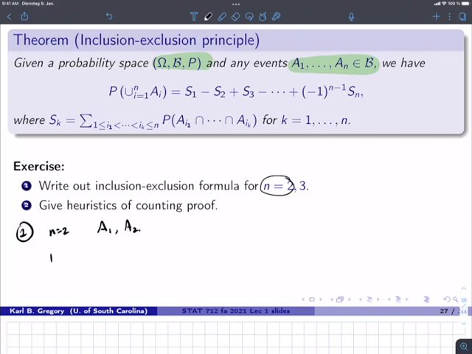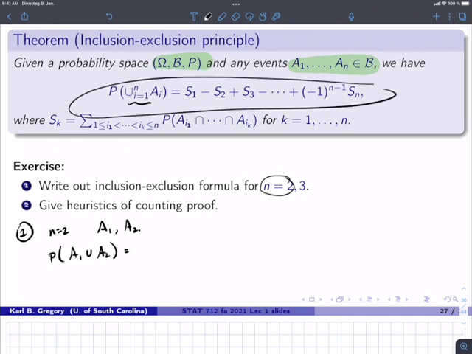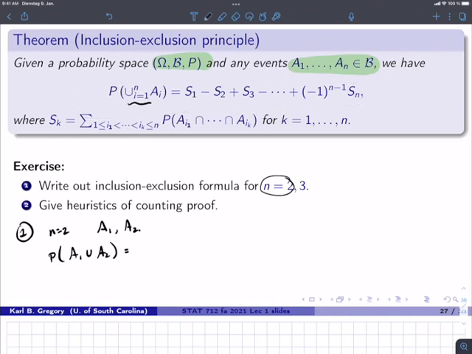And so probability of this union is just A1 union A2. And I want to use this formula now to write it down. I know what I'm going to get already because we worked out that this is probability of A1 plus probability of A2 minus the probability of intersection. But let's see how this inclusion-exclusion principle gives us the same thing.